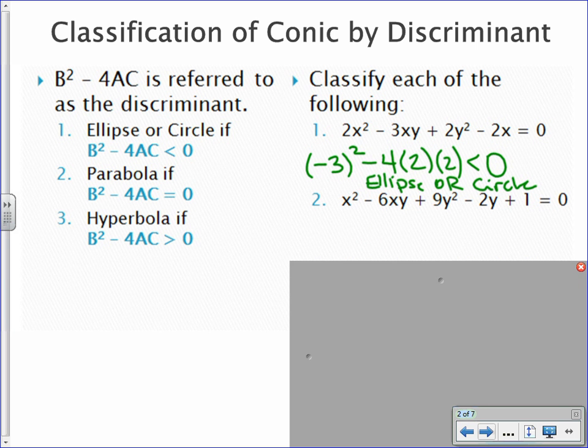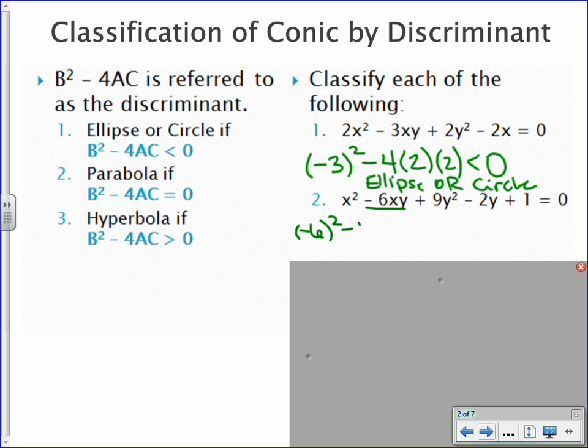Our next one, x squared minus 6xy plus 9y squared minus 2y plus 1 equals 0. The xy term is present, so we have to use the discriminant to determine the type of conic. So, what is our b value? -6.